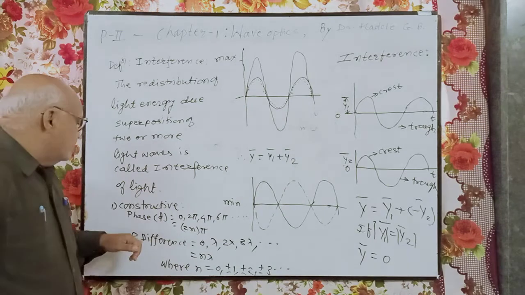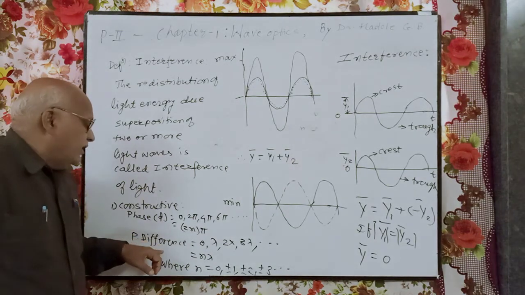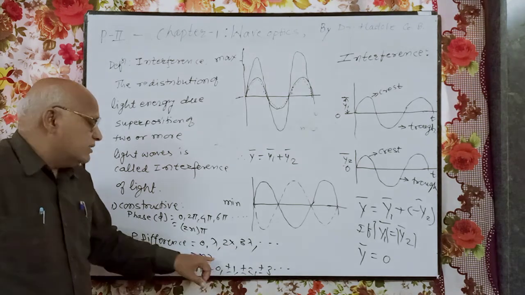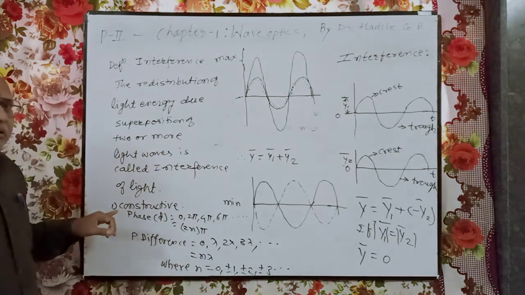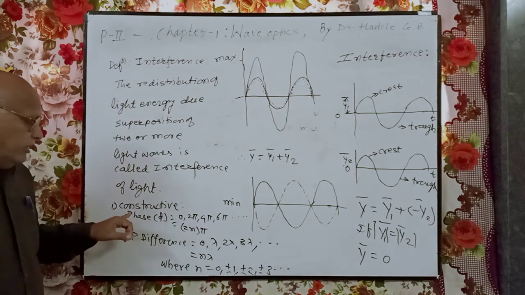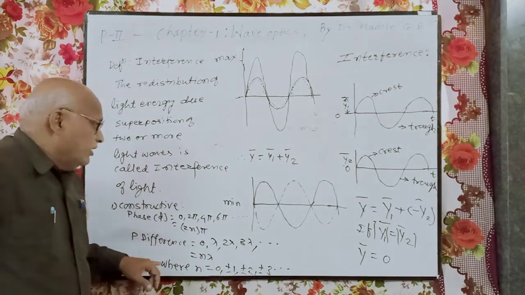What does it mean? If the path difference is an integral multiple of wavelength, where lambda is the wavelength, then the interference is constructive interference.